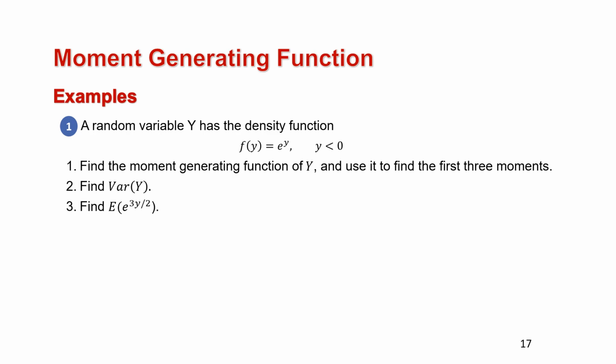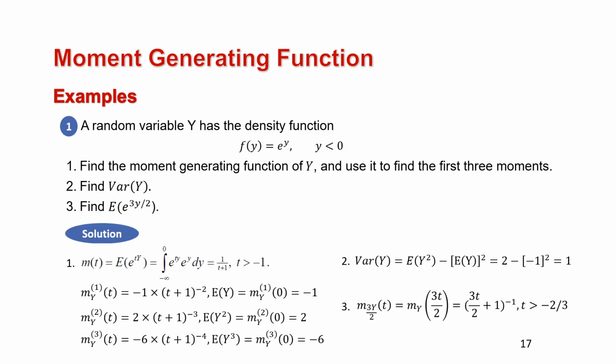Examples. I have a random variable y with density function e to the power y, and y less than 0. Less than 0 means that it begins from negative infinity to 0. Find the moment generating function and use it to find the first 3 moments, and then find the variance of y and find the expected value of another function.